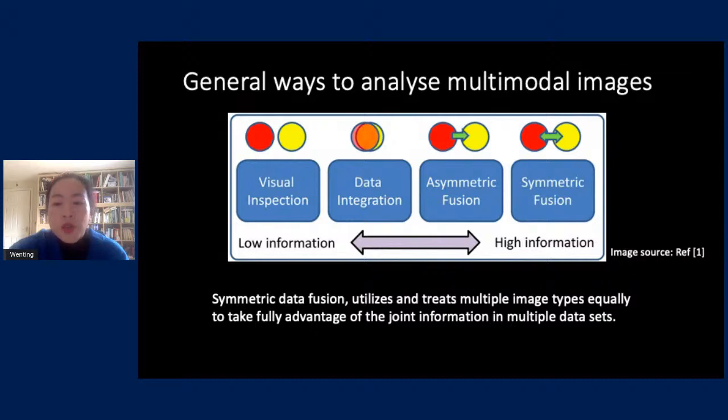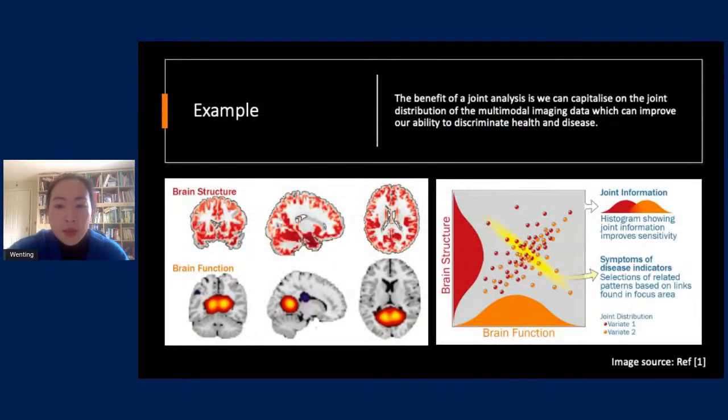Overall, the use of joint information is only qualitative on the far left, and maximal on the far right. Here is an example to visualize the symmetric fusion approach.